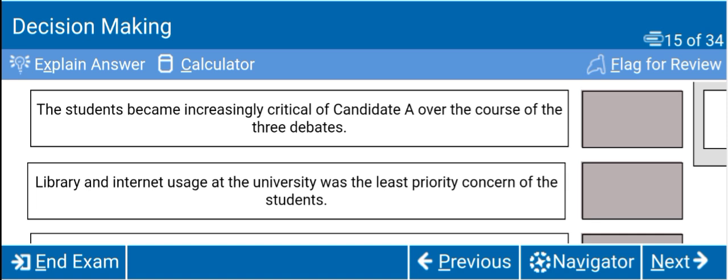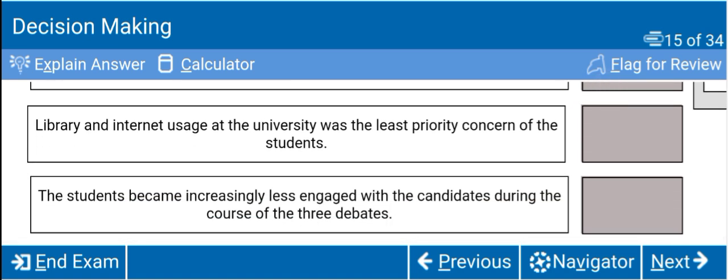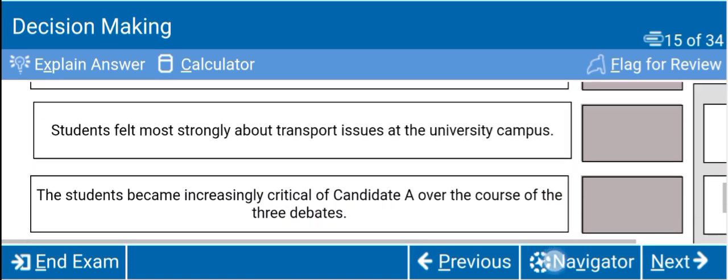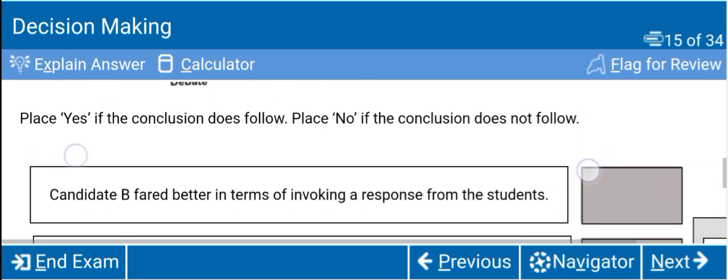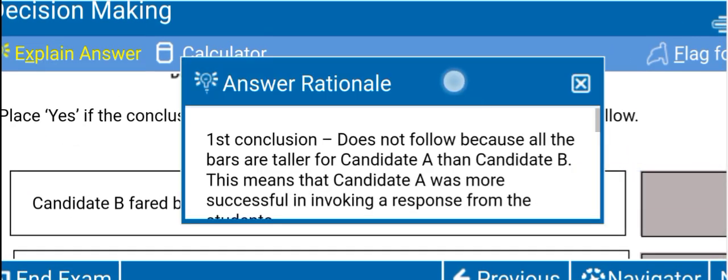Fourth one says library and internet usage at the university was the least priority concern of the students. Fifth one says the students became increasingly less engaged with the candidates during the course of the 3 debates. So here we have these 5 conclusions. So let's see which one does follow and which one does not.